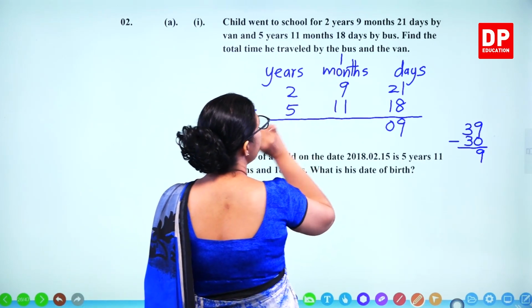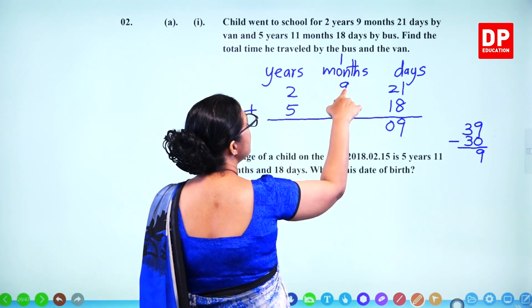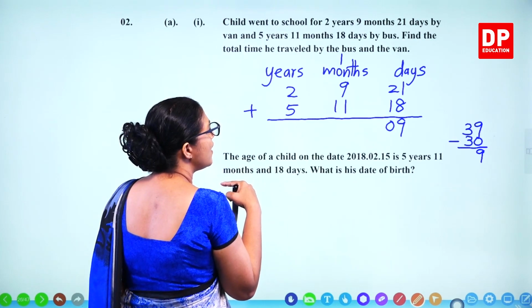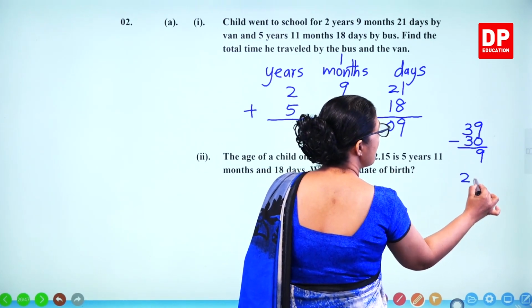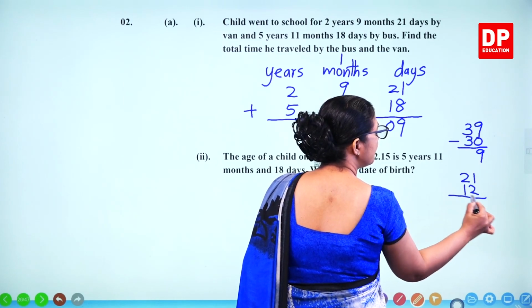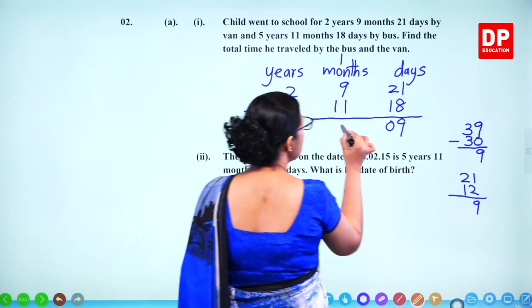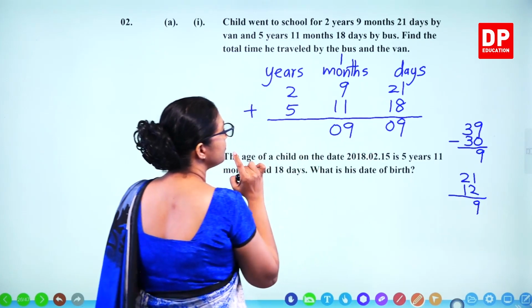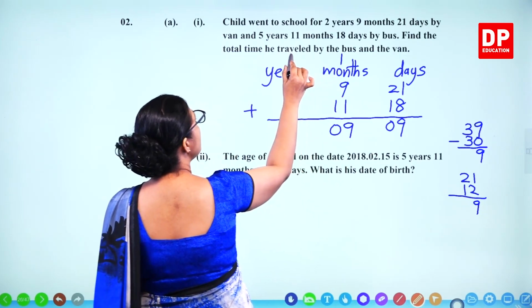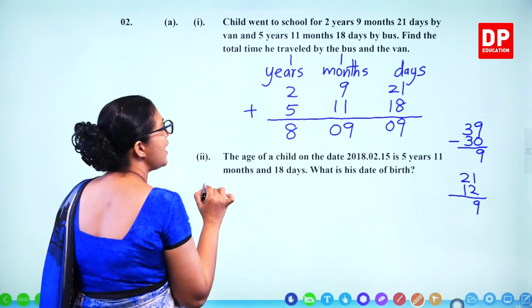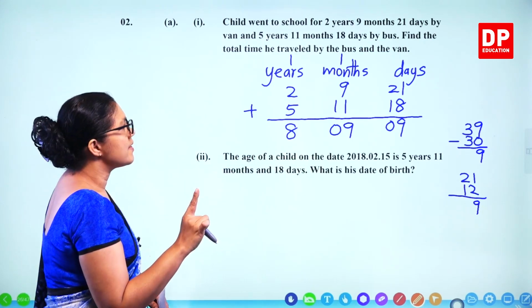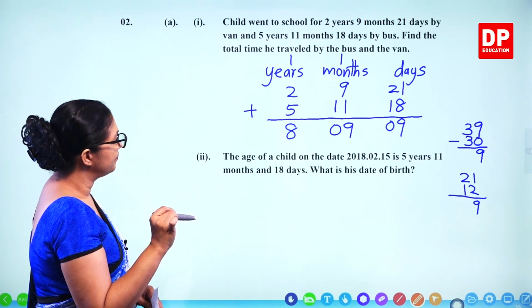Now we get 1 here. 9 plus 1, 10. 10 plus 11, 21. 21 months you can't keep. You have to subtract 12. That means 9 remaining. Then we can take 1 year here. 5 plus 2, 7. 7 plus 1, 8. 8 years, 9 months and 9 days.